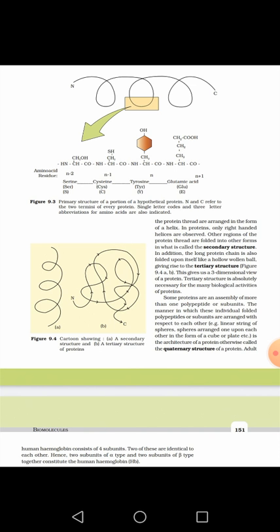Sometimes the secondary structure once again folds and forms a hollow woolen ball-like 3D structure which is biochemically active, called the tertiary structure. And sometimes proteins are composed of more than one subunit or polypeptide chain, which are arranged in a fixed pattern and form the quaternary structure, for example hemoglobin. So today we discussed proteins and their four types of structures.